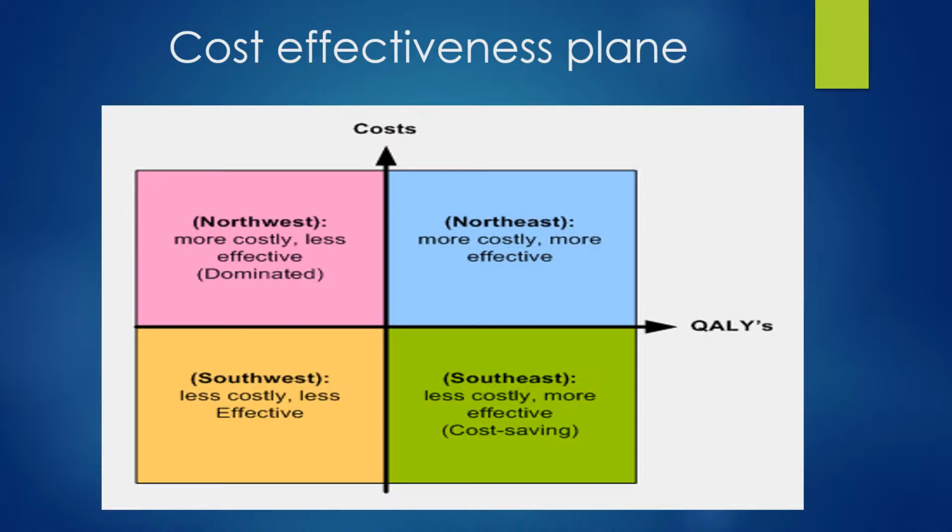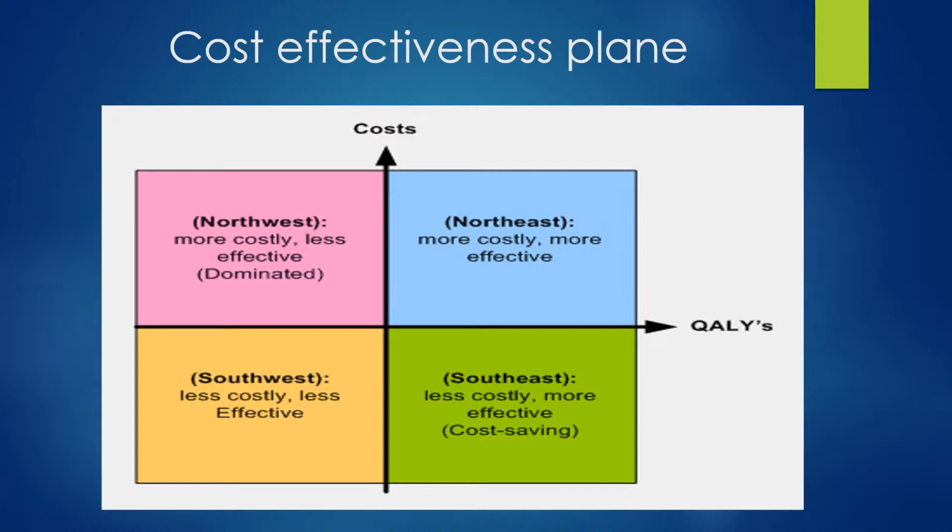At the end of the day, we are going to then have these four boxes. Top left, we'll discard it because it's more costly, less effective. Bottom one, less costly, less effective. Sometimes we consider it if it's feasible and the effectiveness is acceptable. Less costly, more effective, we'll use it. So the pink one we discard. Southeast we take it.